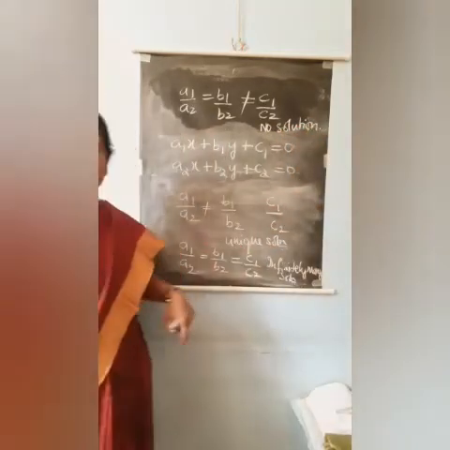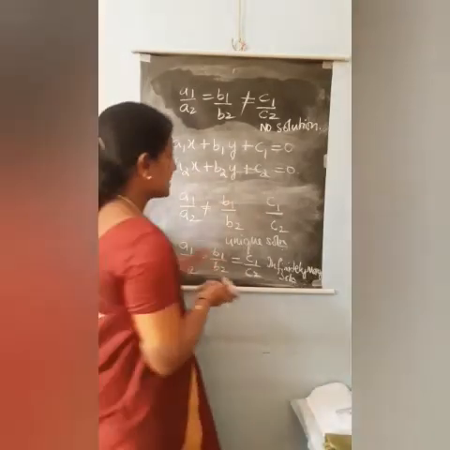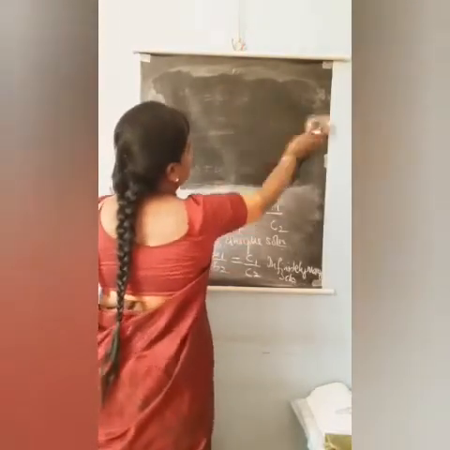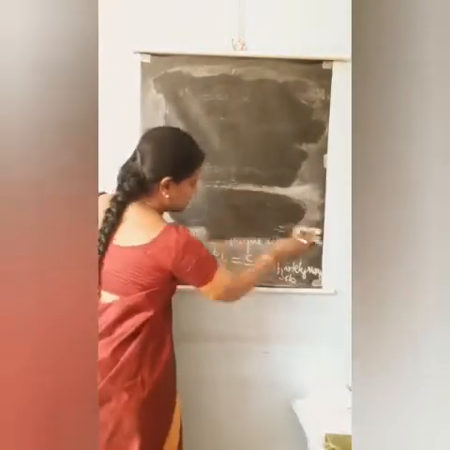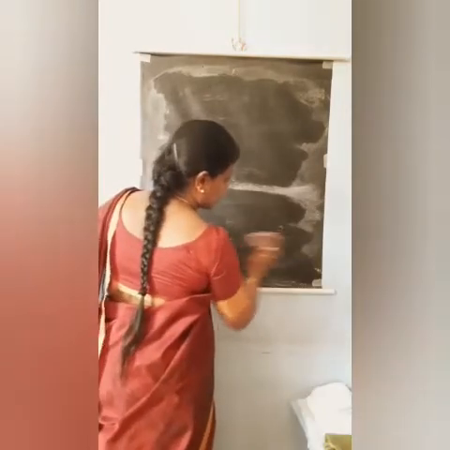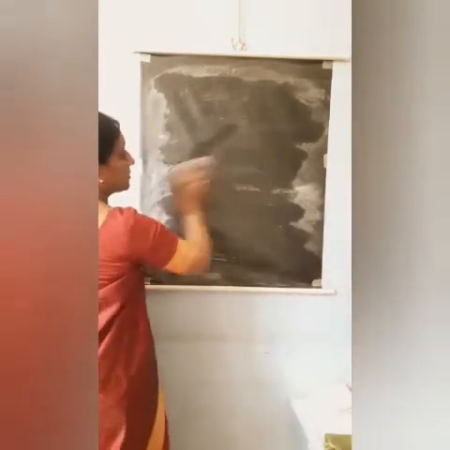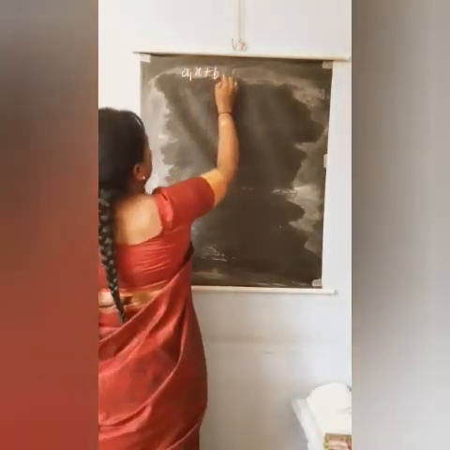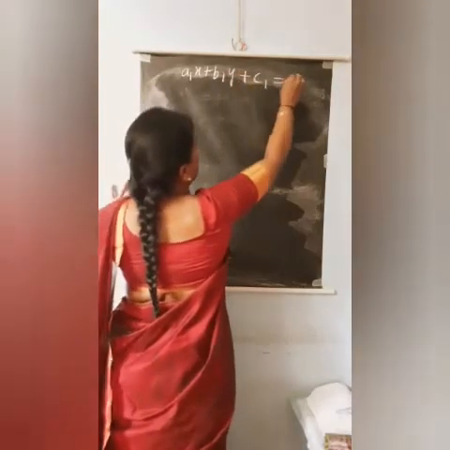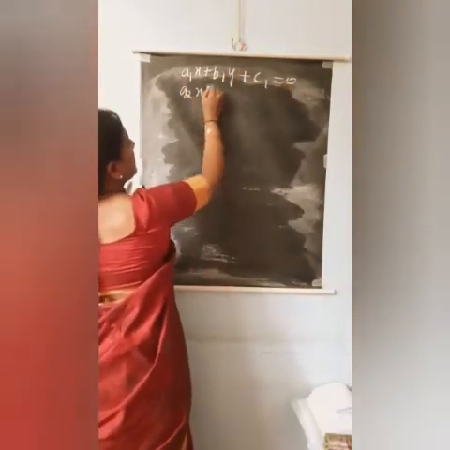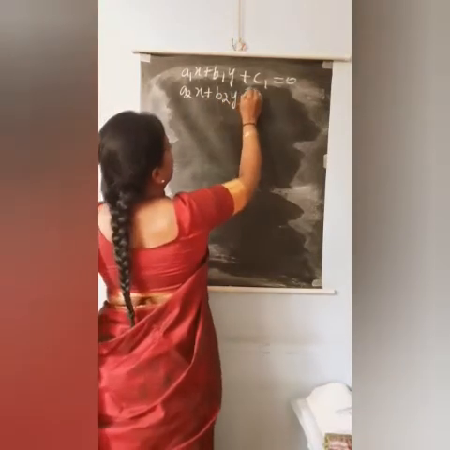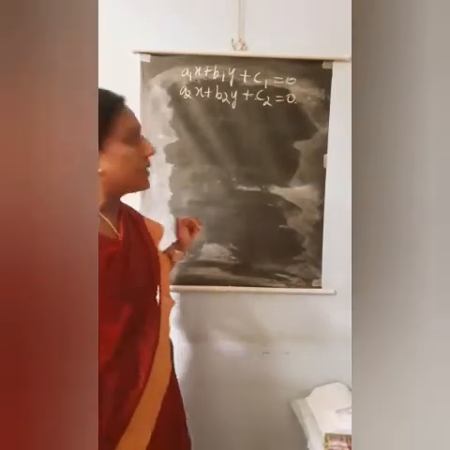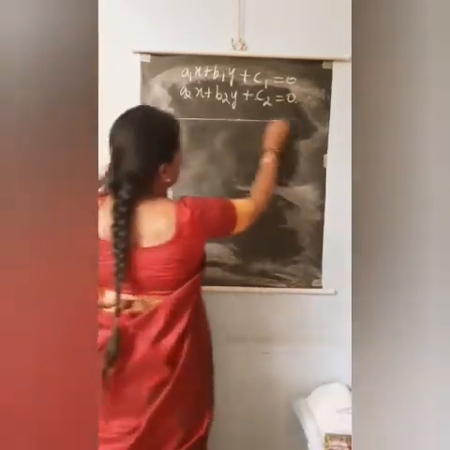Did you understand? So this we can represent as a table. Supposing the pair of equations are a1x plus b1y plus c1 equal to 0 and a2x plus b2y plus c2 equal to 0, then we can represent it like this as a table.